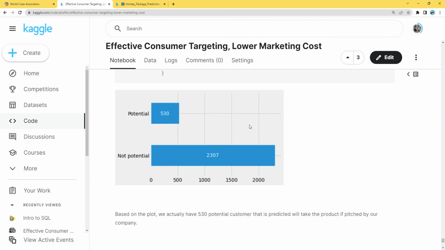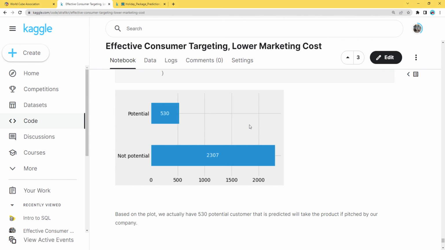So based on the filtered dataset of customers that self-inquired, so they were not pitched by us, there are actually 530 that self-inquired and didn't take the product by the end of their self-inquiry.